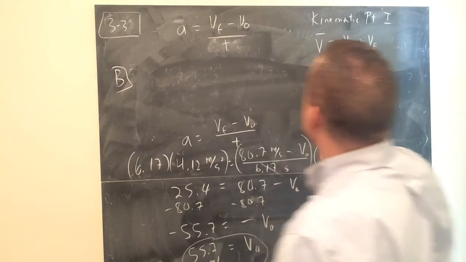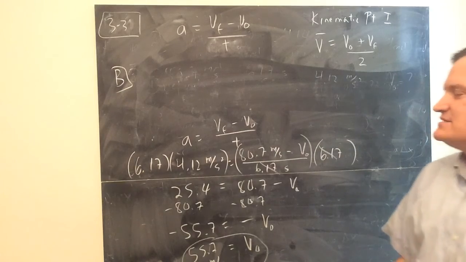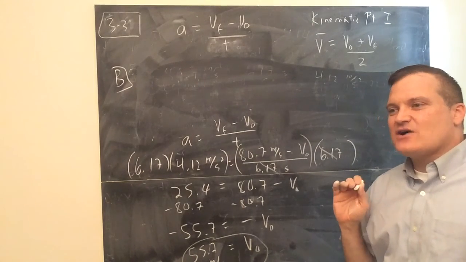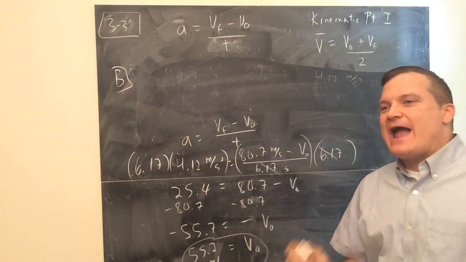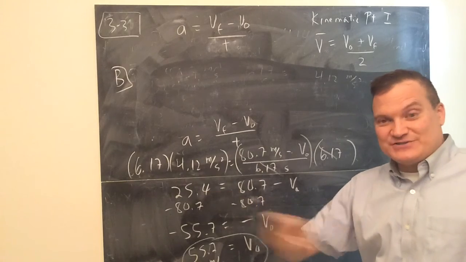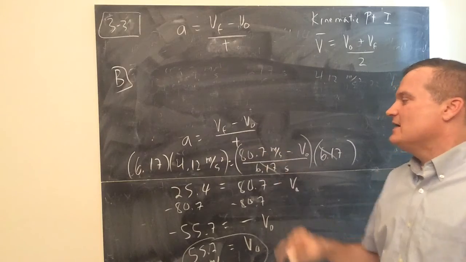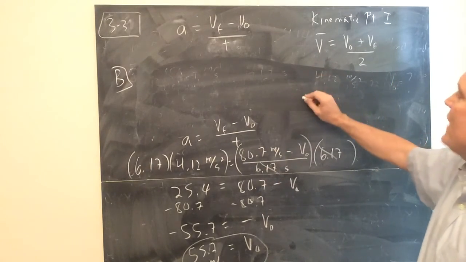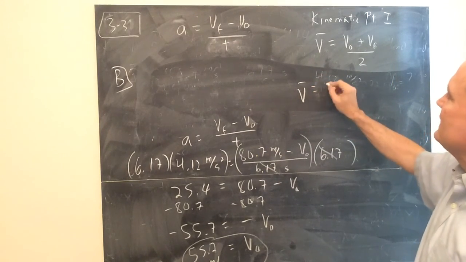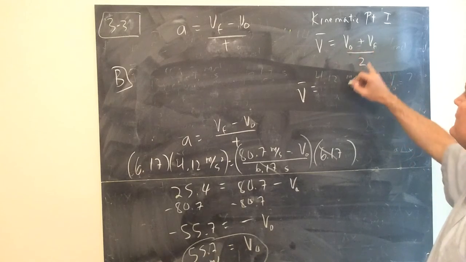Like for example, the problem I just did, let's just say you want to know what was the average velocity during that time. As the car was speeding up, remember average is an average of all of what you were doing. As it says here, your average velocity is your initial plus your final divided by 2.